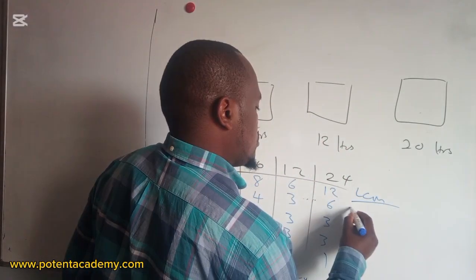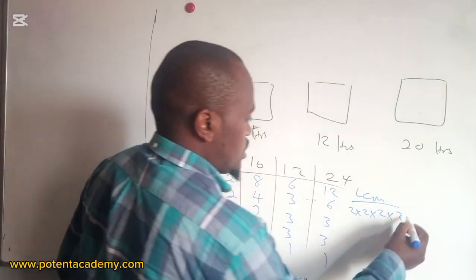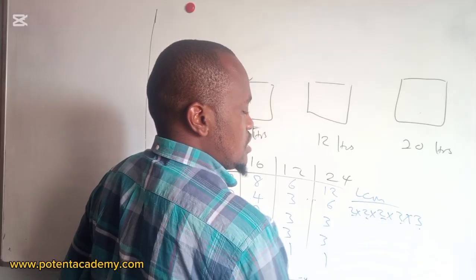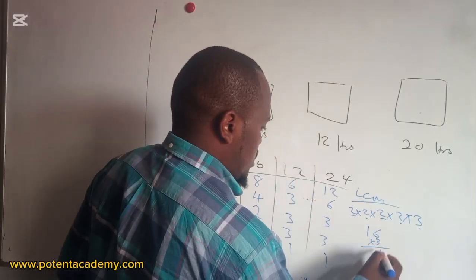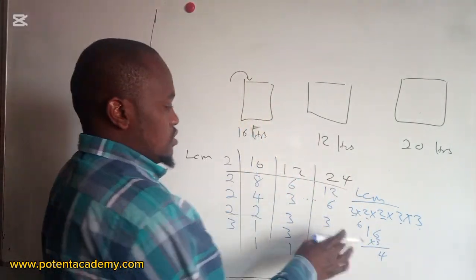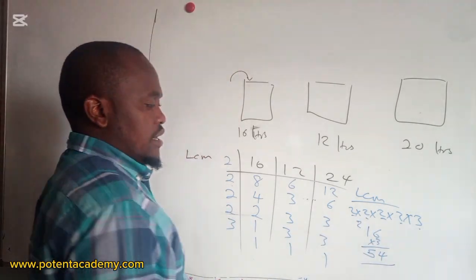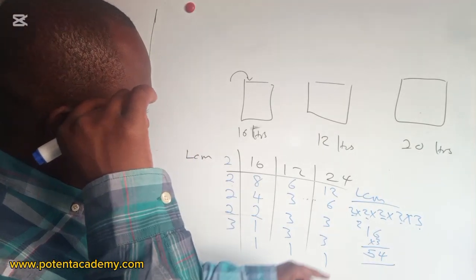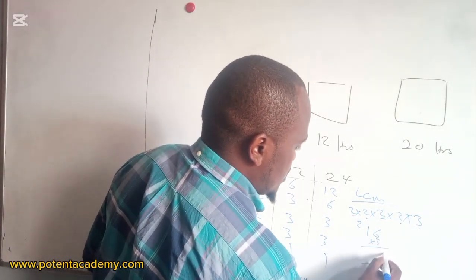LCM is equal to 2 times 2 times 2 times 2, that is 1, 2, 3, 4, then times 3. 2 times 2 is 4, times 2 is 8, times 2 is 16, times 3. 16 times 3 is 48.